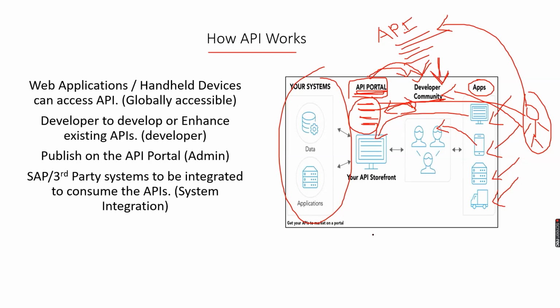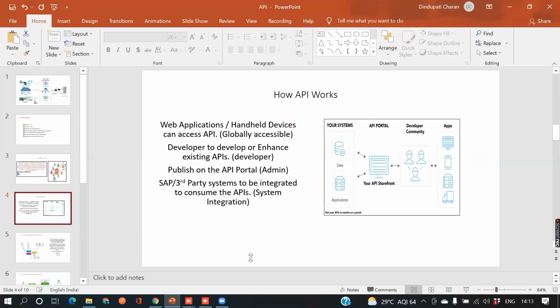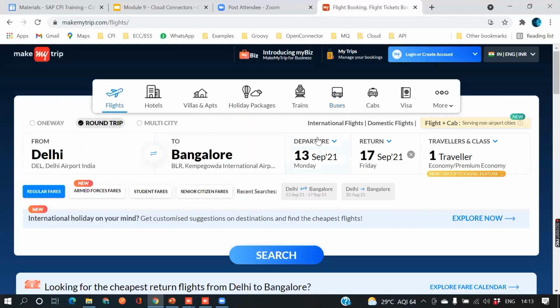Now we are the developers, we do all the development in the API portal, not in the developer portal. This developer portal is a front-end application. The backend design is different and the front-end design is different, right? If you go to this application, I don't know what backend language is exposing, but this is the front-end application.